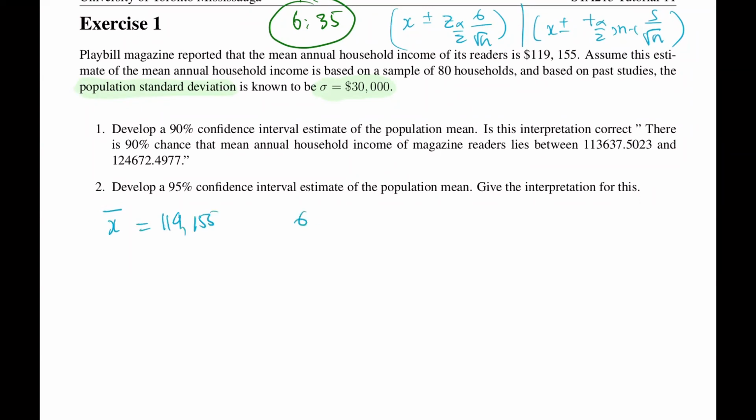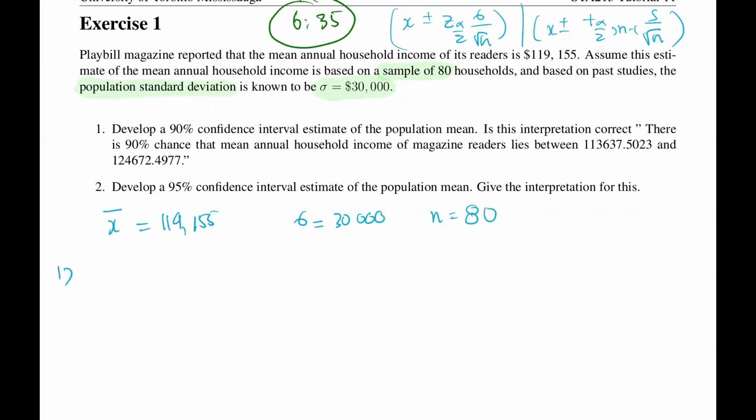And we are also given the population standard deviation, which is 30,000. And here it says the sample is 80 households. So n equal to 80.